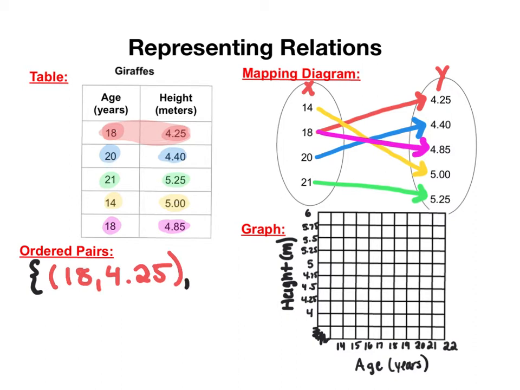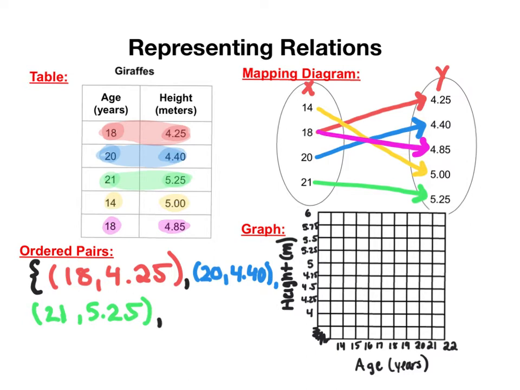Then my next one, I'm going to plot the 20 with the 4.40. So I'll have 20, comma, 4.40. Then I will have the 21 with the 5.25. So I'll have 21, comma, 5.25.